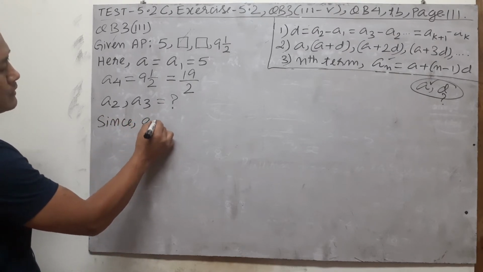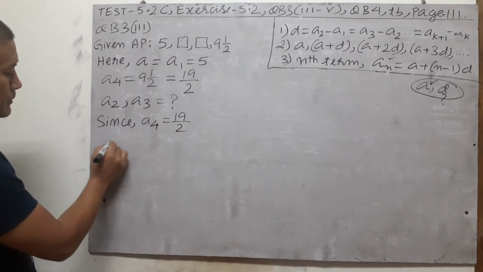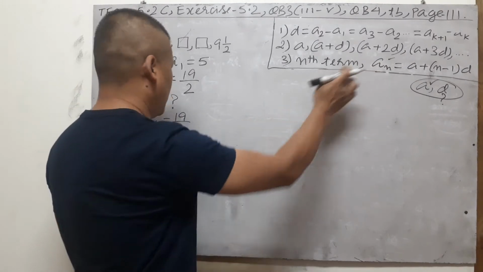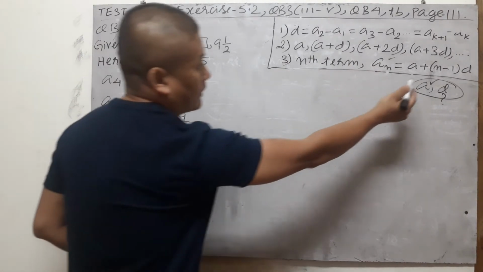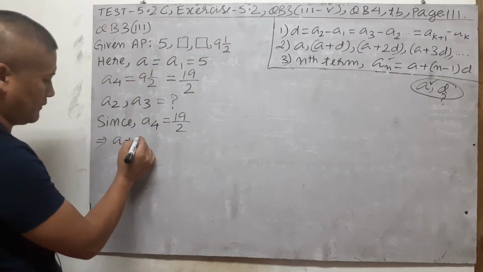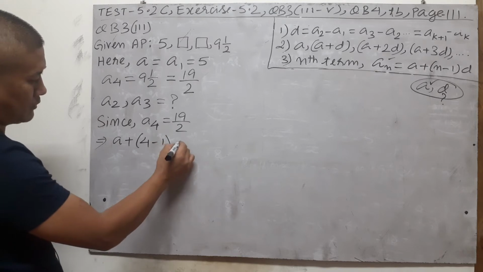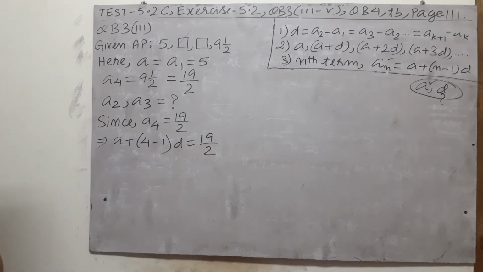A4 is given as equal to 19 by 2. Let's apply this formula. A4 therefore will be A plus n minus 1, and our n is given as 4, so 4 minus 1.